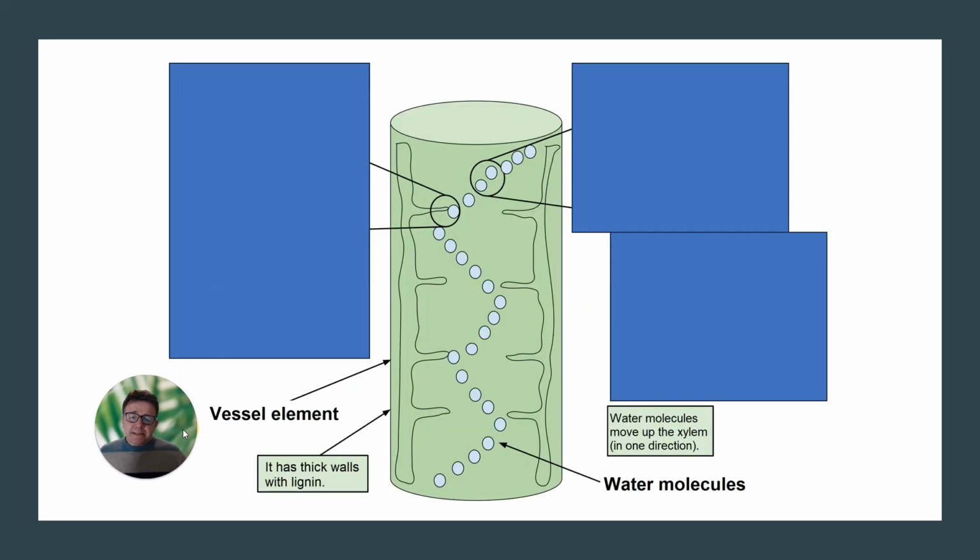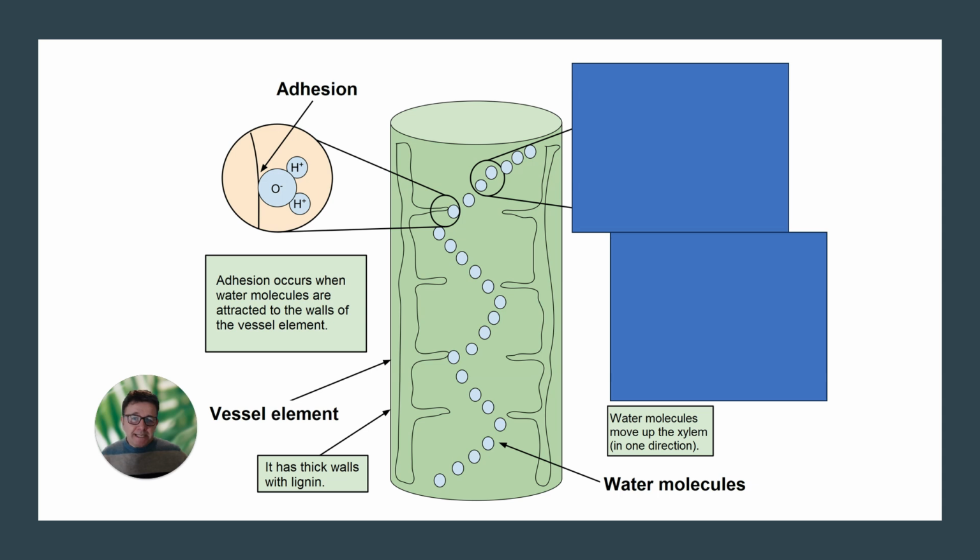So let's look at cohesion tension. First of all, water molecules are moving up the xylem. They always move in one direction, and they're moving up the lignified cells. You can see they've got no end walls, and there are two things that happen. Related to the property of water, you've got adhesion occurring.